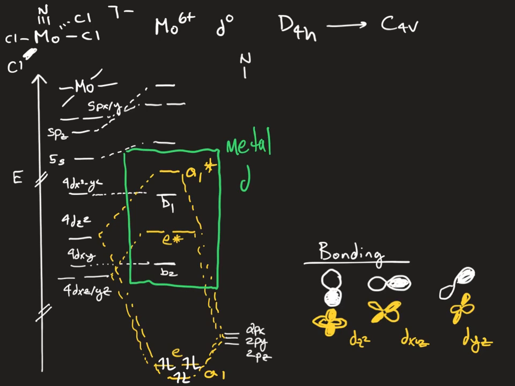If we look, we see that the A1 is forming a sigma type bond, while your E's are forming pi bonds. The antibonding combinations are going to be out of phase, and they're going to be metal dominated.